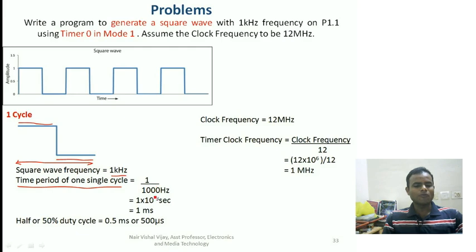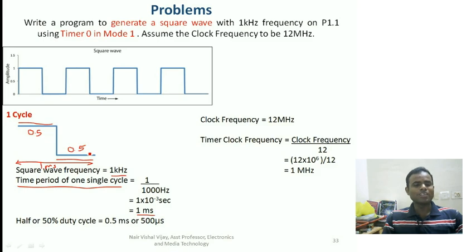So the time required will be 1 millisecond to generate one cycle of a square wave, which means the high pulse will not last longer than 0.5 millisecond, and the low value will not last longer than 0.5 millisecond. So 0.5 millisecond high, 0.5 millisecond low, then again 0.5 millisecond high and low. If you do this, you create a square wave with a frequency of 1 kilohertz.